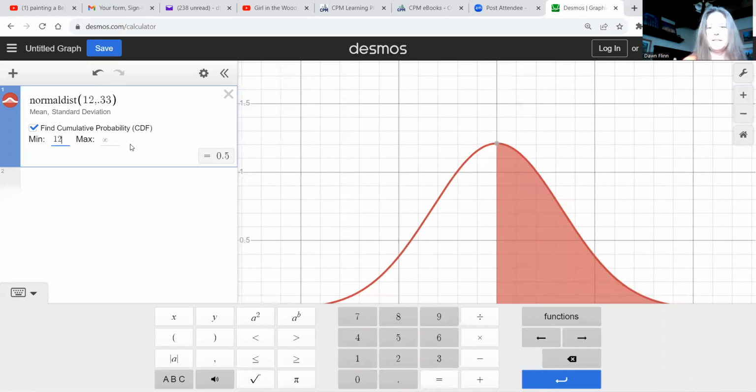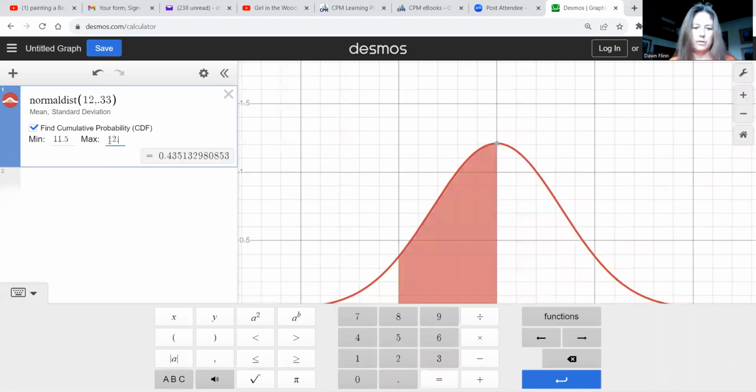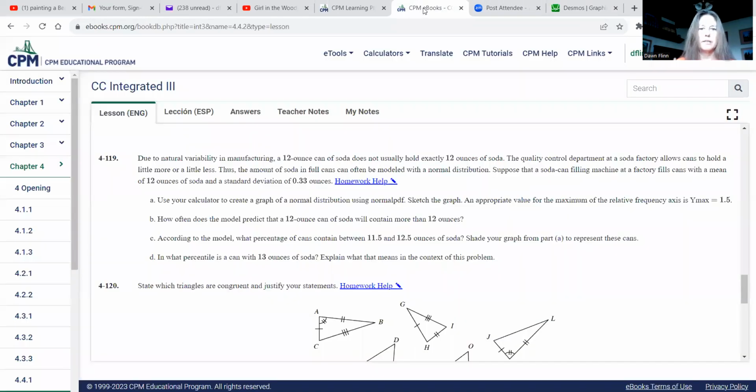So this time I'm going to say between 11.5 and 12.5. And it looks like we got about 87%. So that is your answer for that problem. And then let's see what else is next.